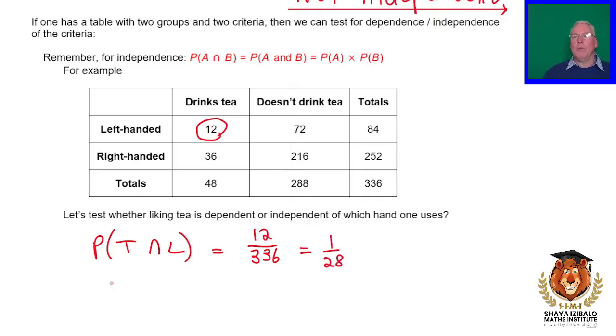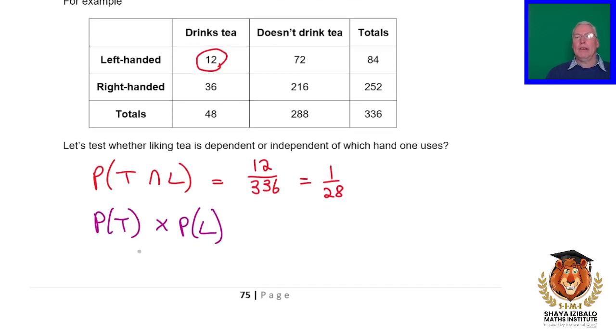Now what we're going to do is take the product of the separate probabilities. So we're going to work out the probability of liking tea, and we're going to multiply by the probability of being left-handed. Let's look at how many people like tea. Well, there are 48 people that like tea. So the probability that we find someone who likes tea is 48 out of 336. What's the probability that someone's left-handed? Well, there are 84 left-handers, so 84 out of 336.